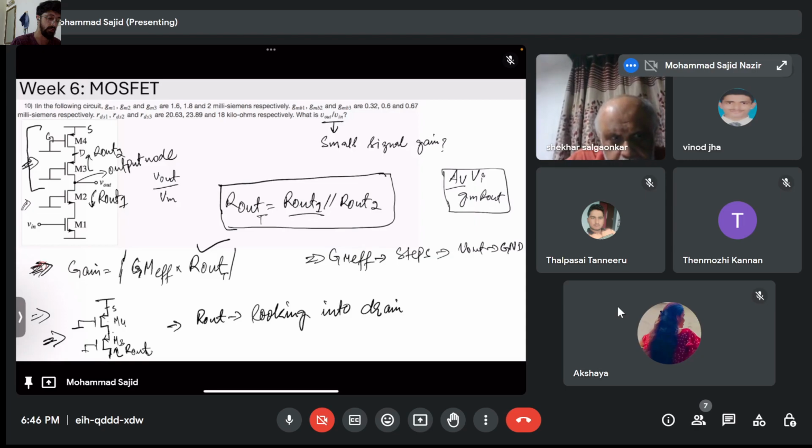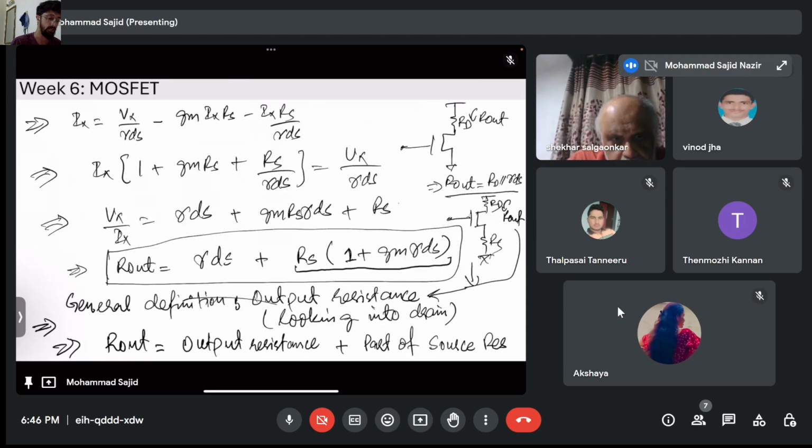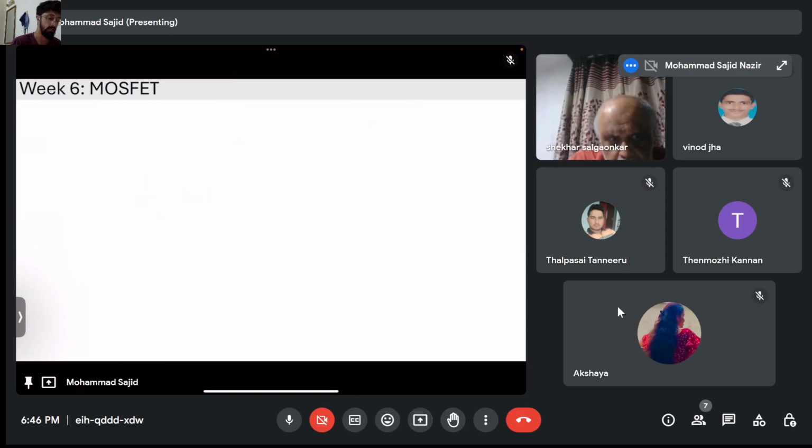Let me take these two transistors only. Small signal analysis: V output is grounded, this is V in, this is grounded. This is our circuit.